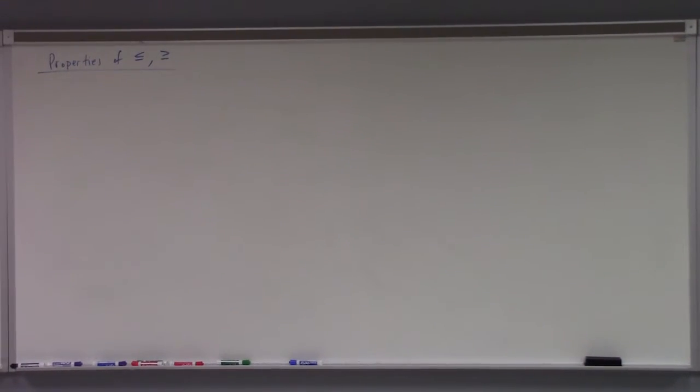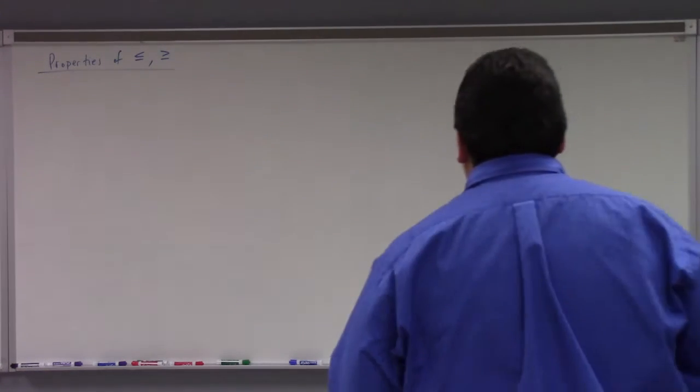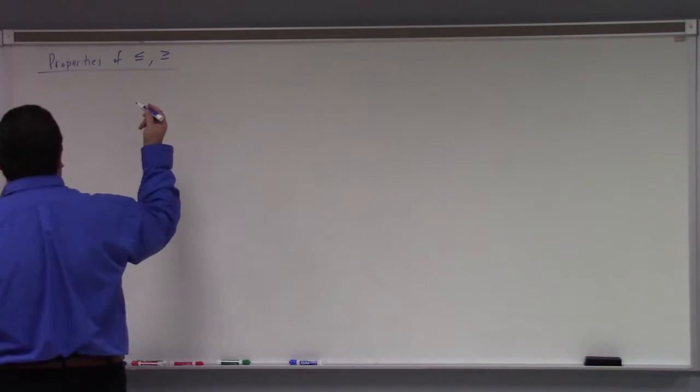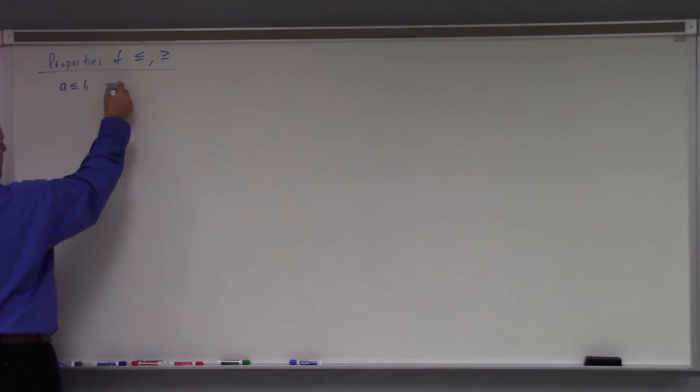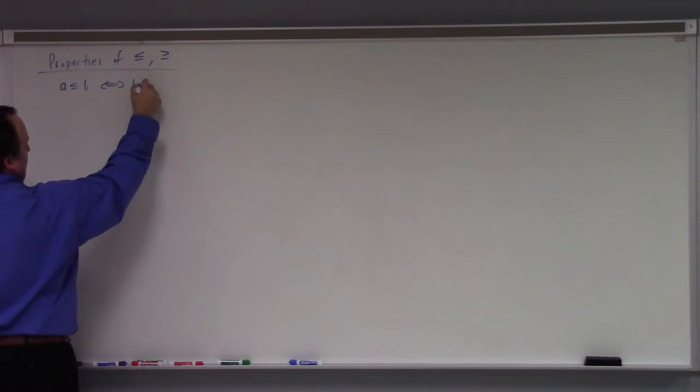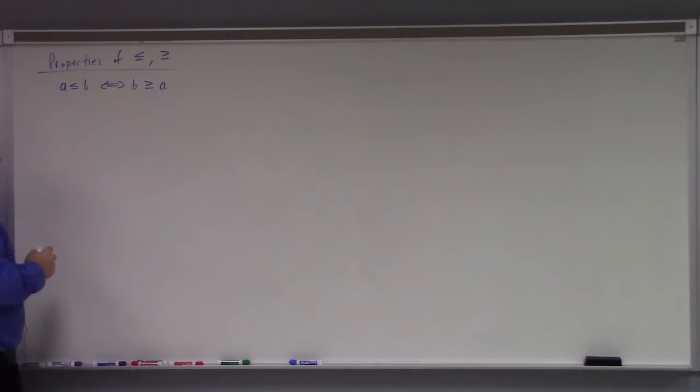All right, first of all, and this is kind of silly, but a is less than or equal to b is interchangeable with b is greater than or equal to a, right? So you can always flip less than or equal to for greater than or equal to. This is something we can do.